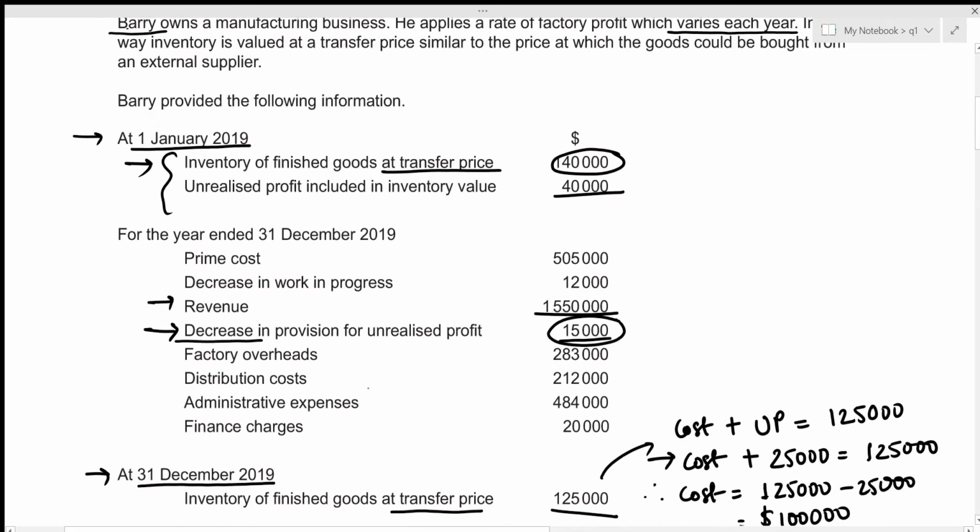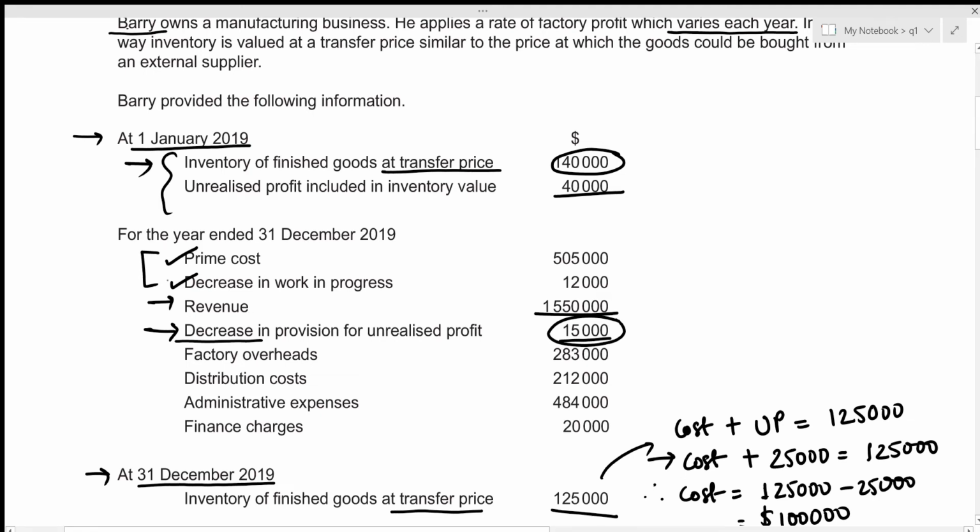Okay, so we do not really have the transfer value given explicitly, but we can see that there is prime cost, decrease in work in progress, and these two belong to the manufacturing account, right? So we need to prepare our manufacturing account in our workings and then figure out the transfer value and then substitute that value into our income statement.